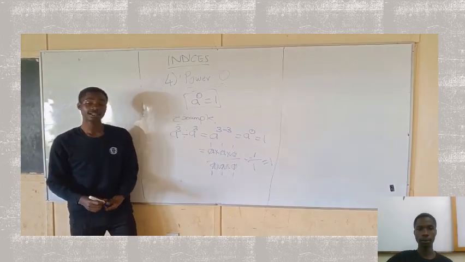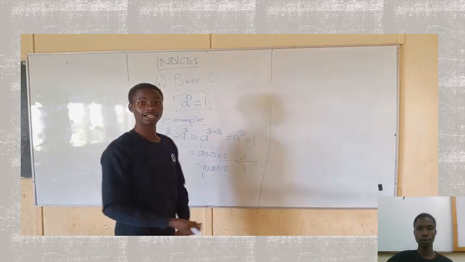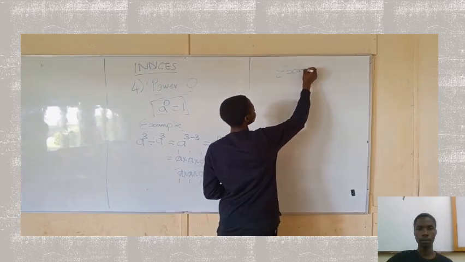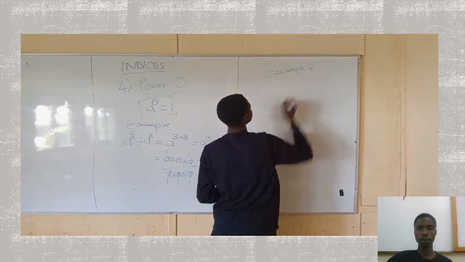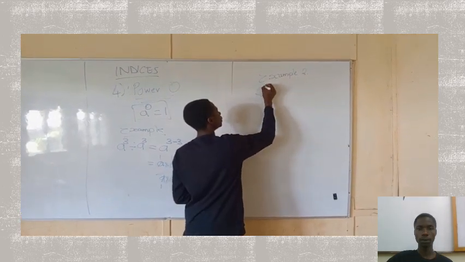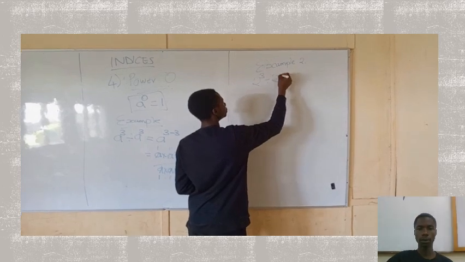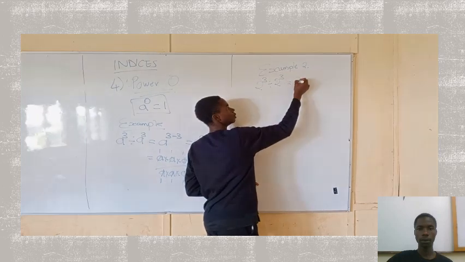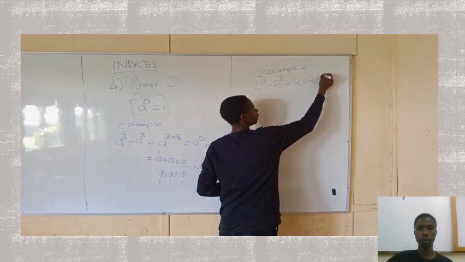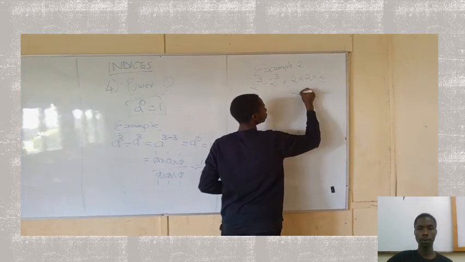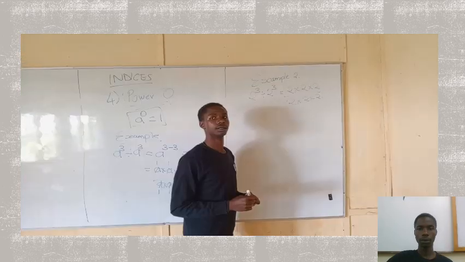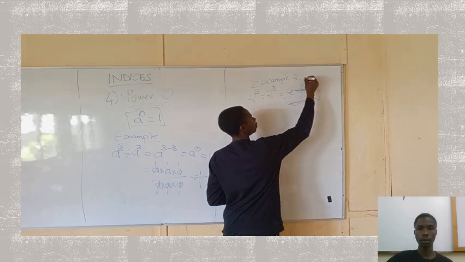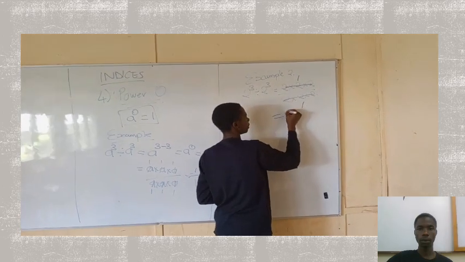Let's use another example. Instead of using letters, now let's use numbers. Example 2: 2 power 3 divided by 2 power 3. What do we know here? It is 2 multiplied by 2 multiplied by 2. You divide by 2 multiplied by 2 multiplied by 2. When cancelling, all of this is 1, 1. Our answer remains as 1.